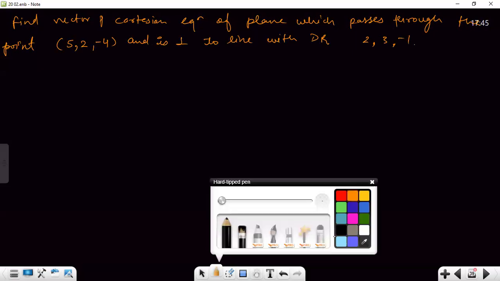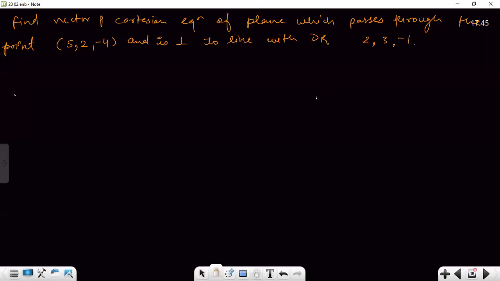Okay, good question. So what do we have? We have a point on the plane, and the direction ratios of the line which is perpendicular to it.